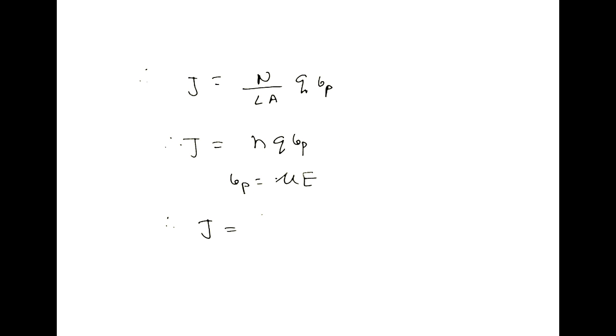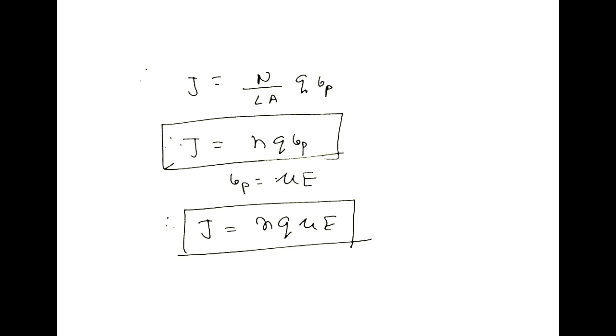If you substitute this relation in the above equation, J is equal to n q Vd, the drift velocity. But drift velocity is mu E. Therefore, J is equal to n q mu E. These two relations are important.